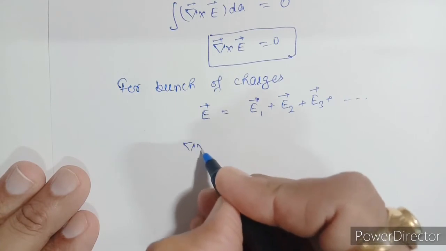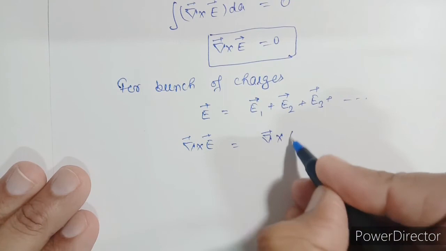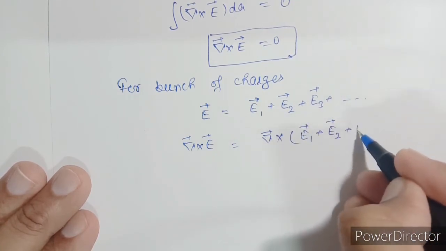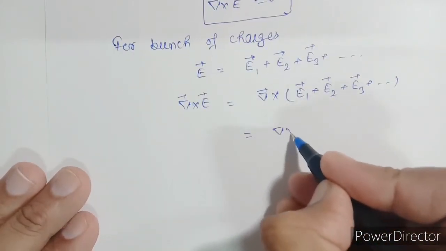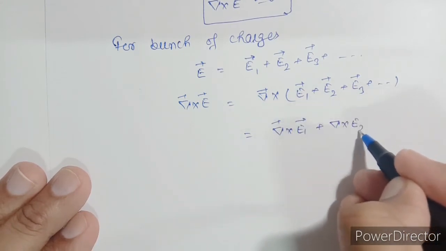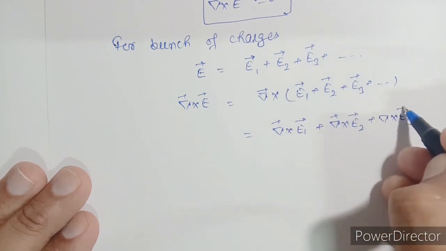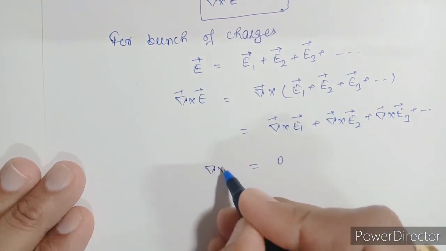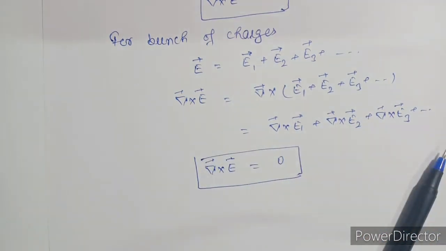Again when we take the curl of this, we can write del cross E1 plus del cross E2 plus del cross E3 plus so on, and this is again equal to 0. That is, the curl of electric field is equal to 0.